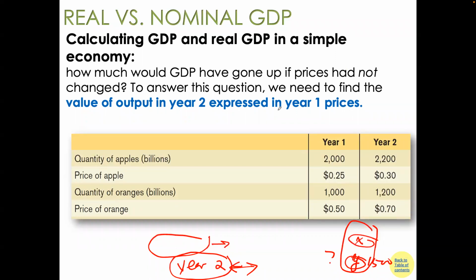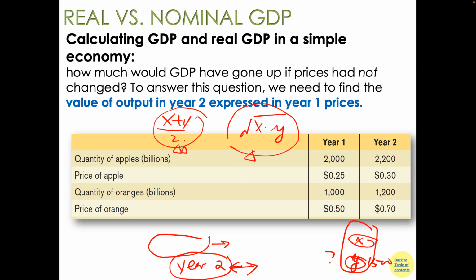One is X plus Y divided by 2. The other is the square root of X times Y. What do you call these two averages? Does anyone know? They have a specific name for that. Okay, but anyway, you understand what I'm trying to say. You can use either this average or this average, but usually for this class we use this average.